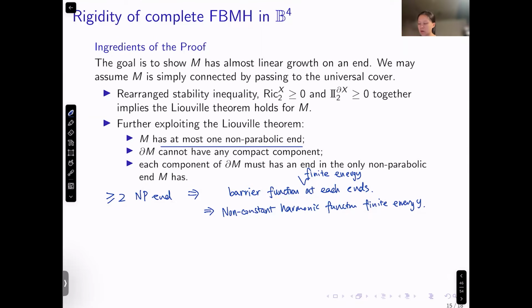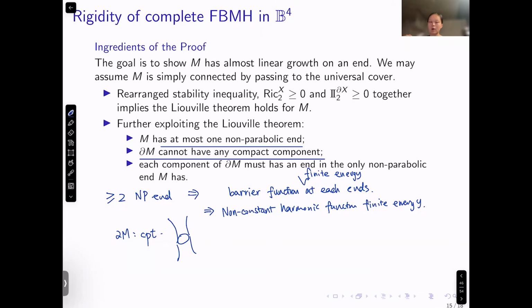And now in this case, with boundary, we also have to be careful about how the end of the boundary and the end of the interior manifold interact, because we can only control using theta-bubbles. So we can also prove that the boundary cannot have any compact components. The idea is that if you have a compact component, then you can try to double the manifold.